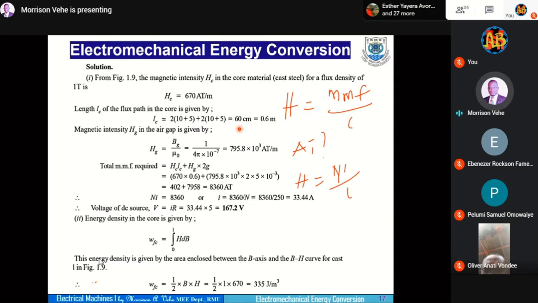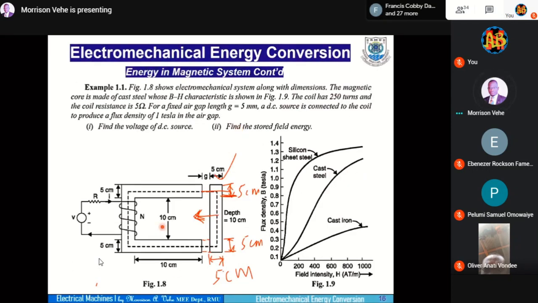Like I was showing you, 10 here, 10 there, 10 here, 10 here, 5 here, 5 here, 5 here, 5 here.